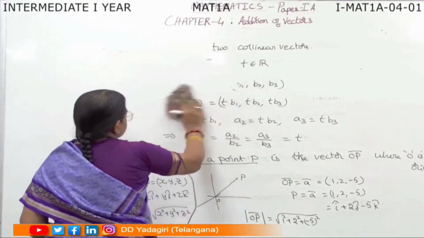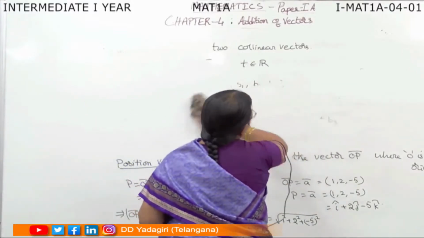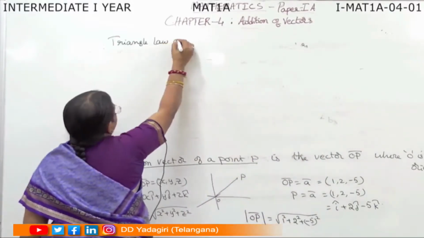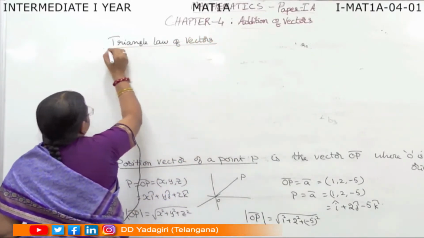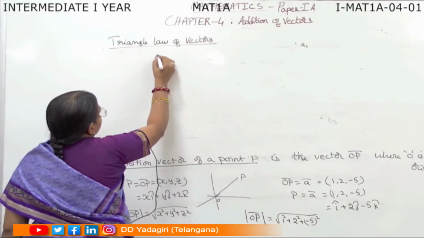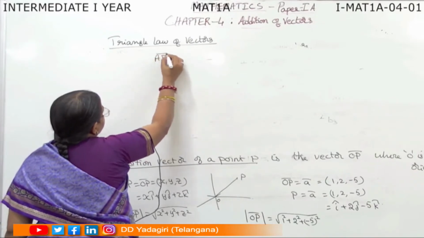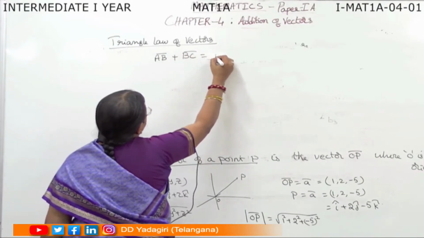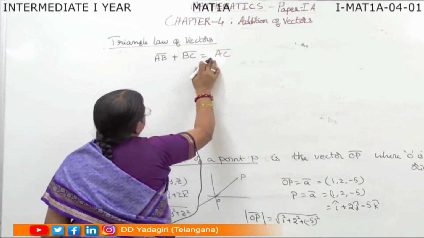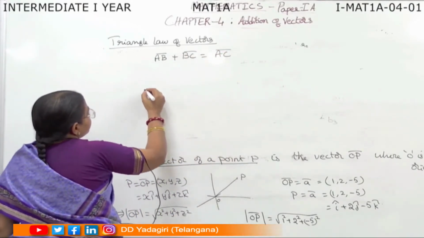So next is triangle law of vectors. What is this triangle law of vectors? Suppose that AB is a vector and then BC is another vector, then it is equal to AC.